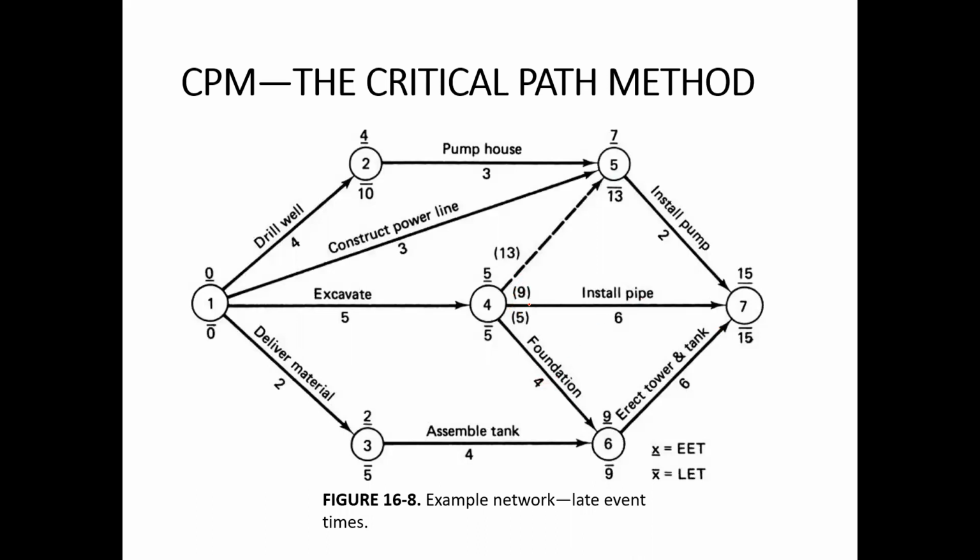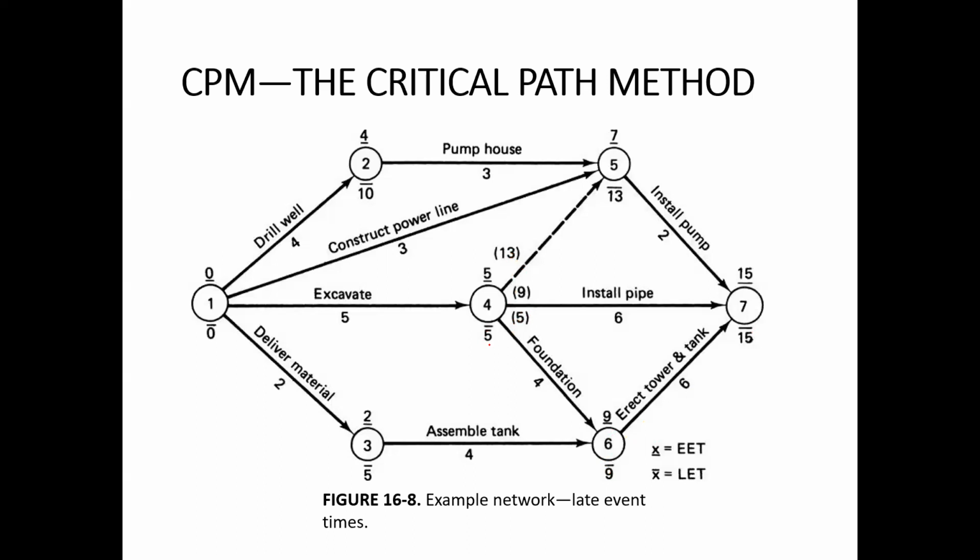So there are three times, and we will take the lowest of these three for this event. From here we have 15 minus 2 is 13, and 15 minus 6 is 9, and then 9 minus 4 is 5. So out of 13, 9 and 5, we will take 5, the lowest value.